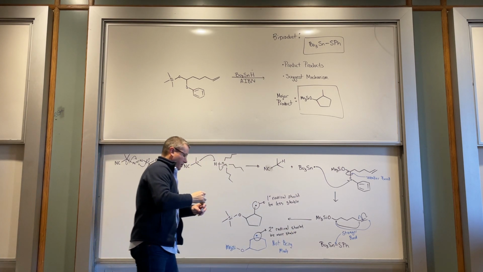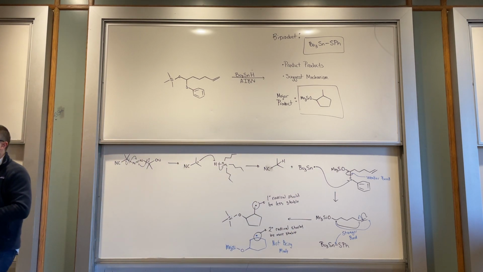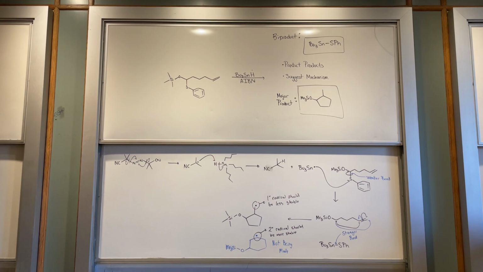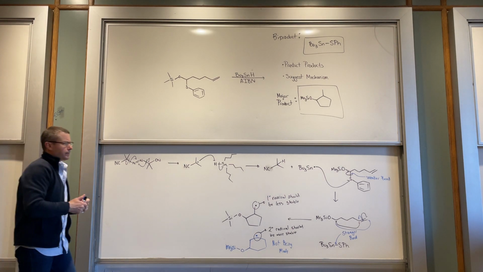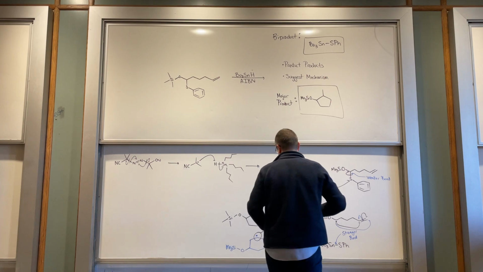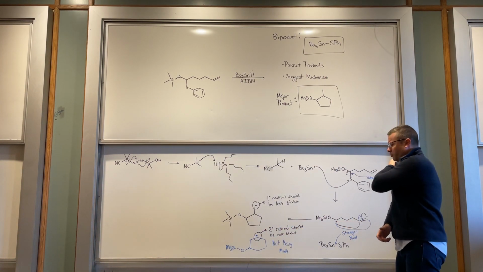So radical stability roughly follows the stability of carbocations. Isn't the 5-membered ring coming from a more substituted place than the 6-membered ring? What do you mean by more substituted place?